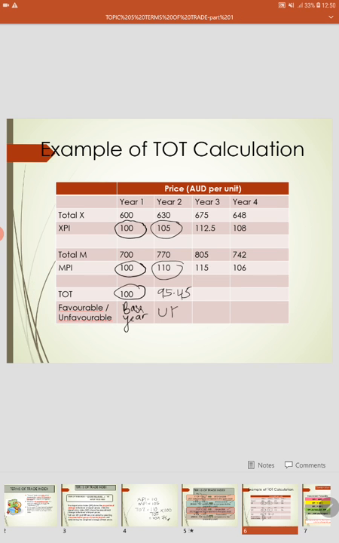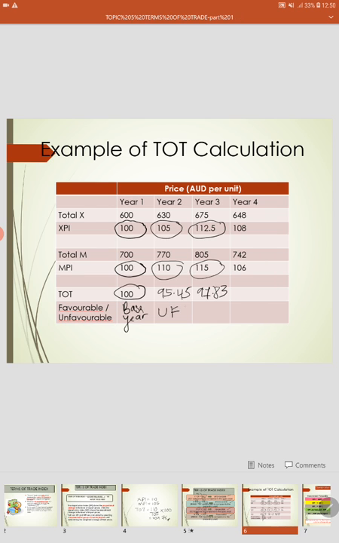For year 3, XPI is 112.5 and MPI is 115, so it is 112.5 divided by 115 times 100. You get 97.83. In this case, for year 3, you don't have to compare with the base year. You only have to compare with year 2. So you compare 97.83 with year 2's 95.45.